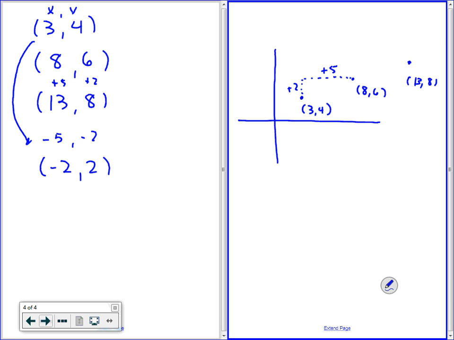So I stepped up 2, right 5, up 2, right 5. All I'm saying is that I could have also, if I wanted to, gone over here. So this is basically being in the graphing. That's what we're doing here. That's what it's all about.